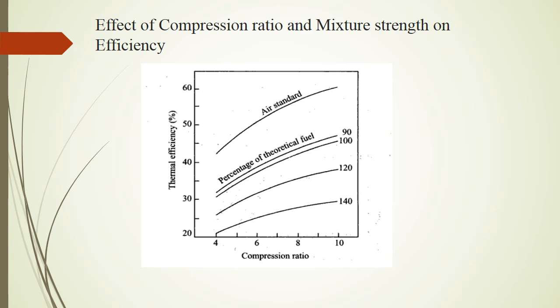The equivalence ratio is defined as the ratio of actual fuel-air ratio to chemically correct fuel-air ratio on mass basis. The maximum pressure and maximum temperature increase with compression ratio since the temperature T2 and pressure P2 at the end of compression are higher.